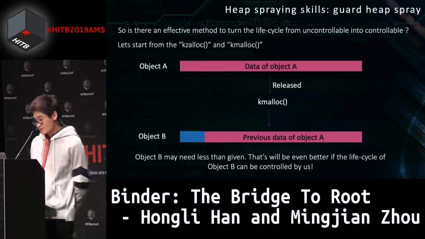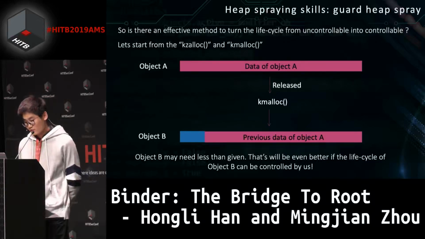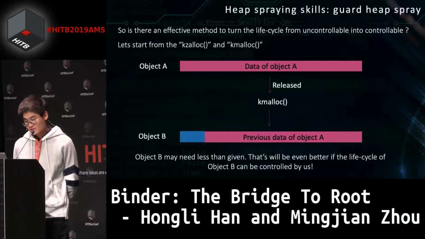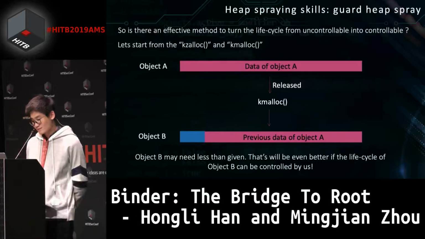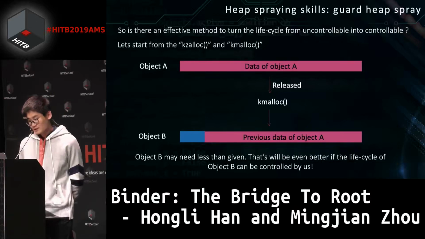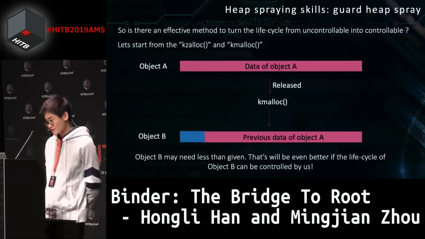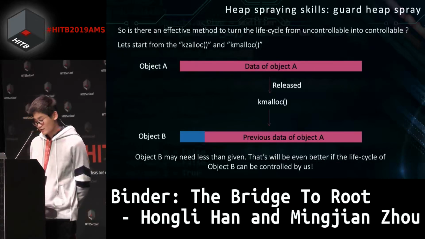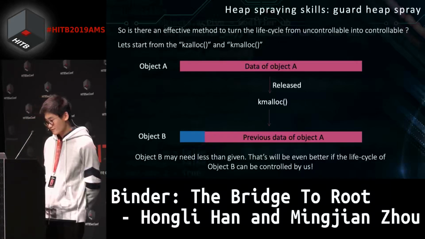We take object A and object B. For example, object A is released. Later, its memory is occupied by object B, which applies for memory by calling kmalloc.